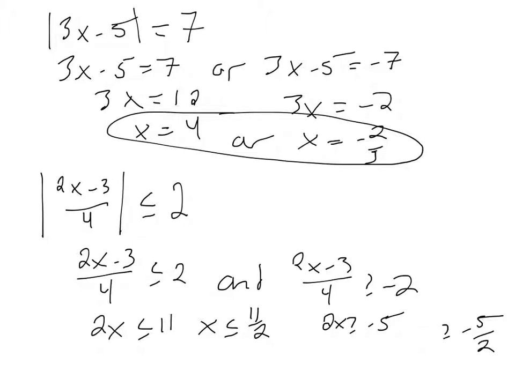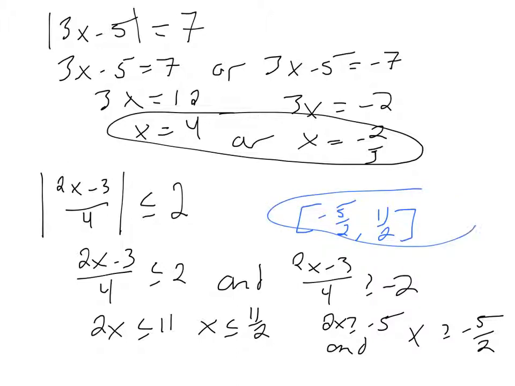All right. So x is less than or equal to 11/2, and x is greater than or equal to negative 5/2. So I would write that in interval notation as what? Bracket negative 5/2, comma 11/2, closed.